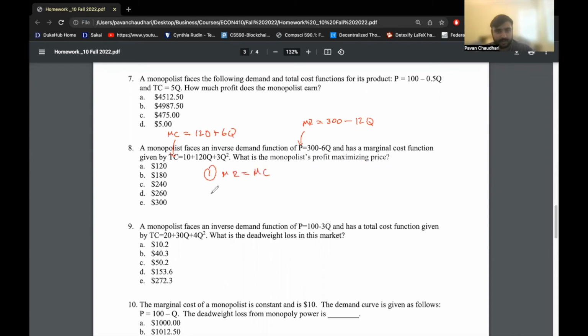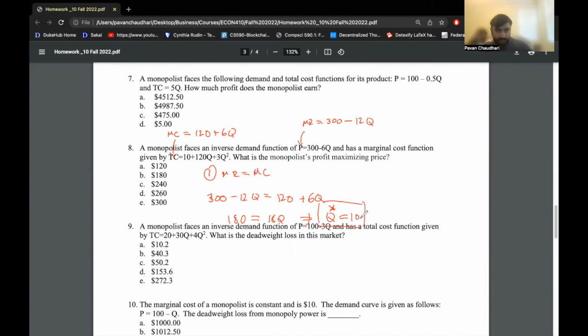So 300 minus 12Q equals 120 plus 6Q. We add the 12Q to the one side, subtract the 120 on both sides. 180 equals 18Q. So then we get finally Q equals 10. It's Q star.